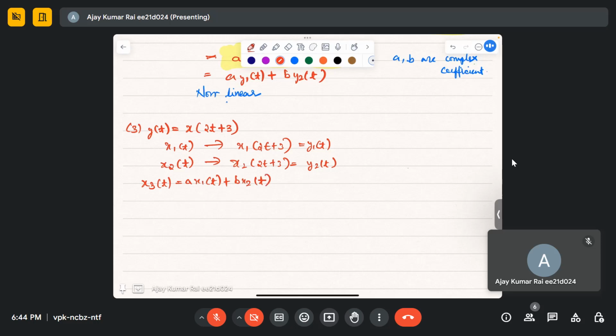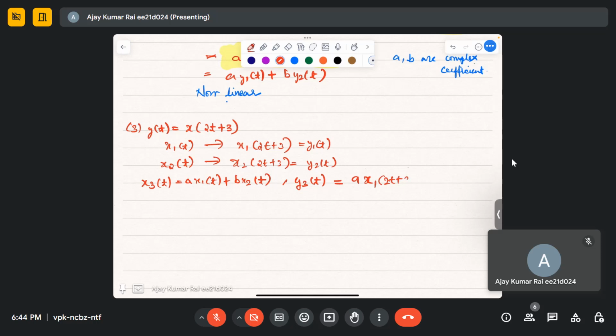So what is the output I should get? y3(t) is, okay, what I'm getting is this. So this is different from the earlier first and second.